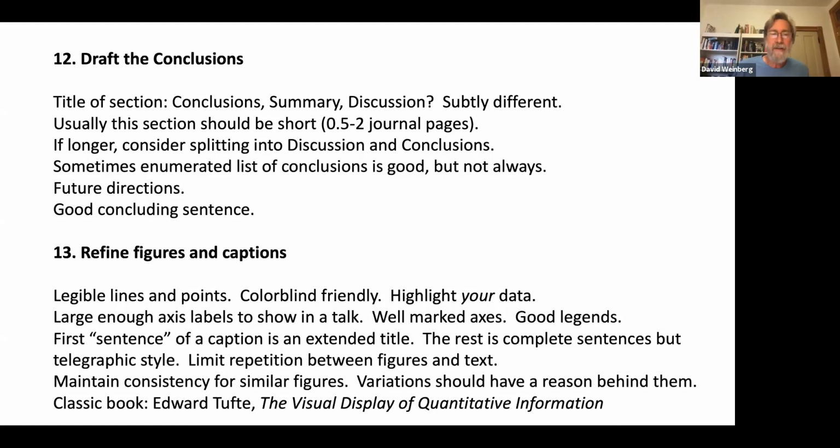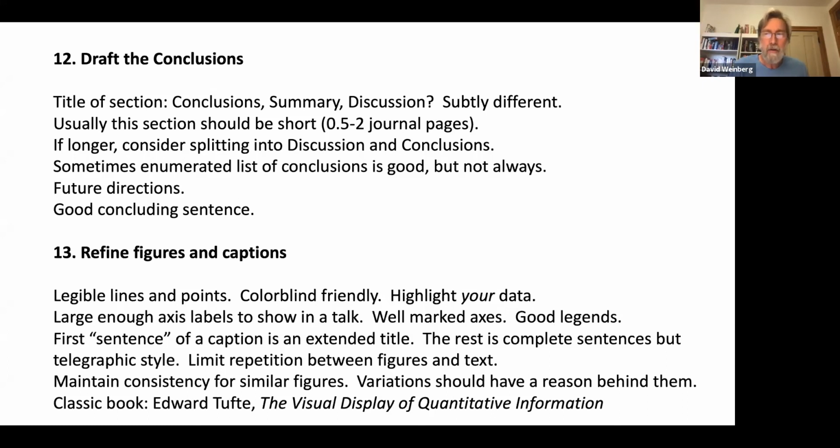But you've got your draft set of figures. Now you've got the draft of everything. Now's a good time to really go back and refine those figures and captions. So pay attention to them being legible, to them being readable by people who are colorblind, things that highlight your data, all the things we talk about in coffee when we criticize people's figures.